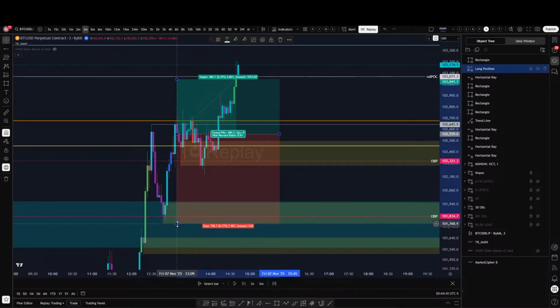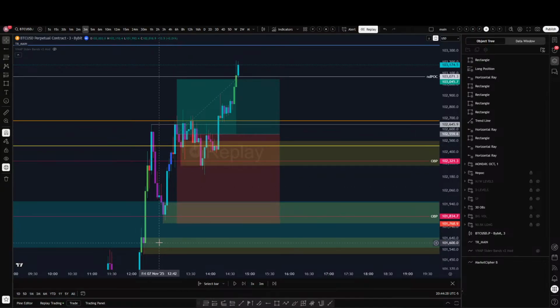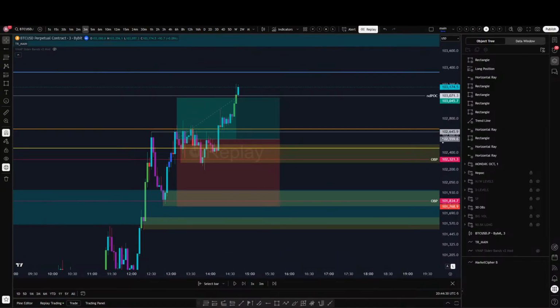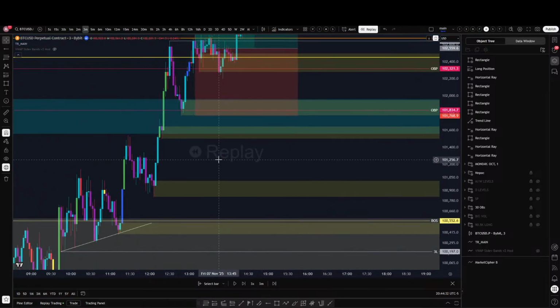So basically, your take profit one is already hit, but invalidation, invalidation, invalidation, always invalidation. So that could be another trap, but you have to remember you are with the trend.